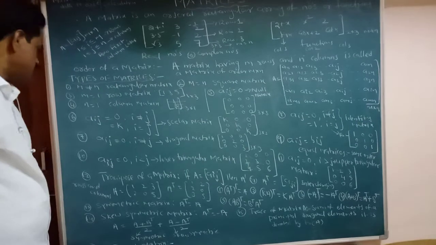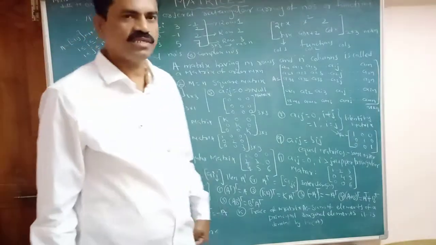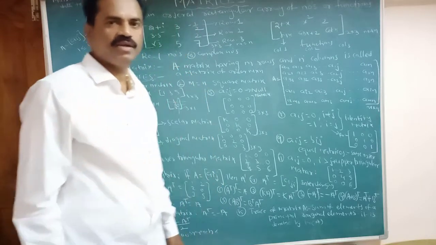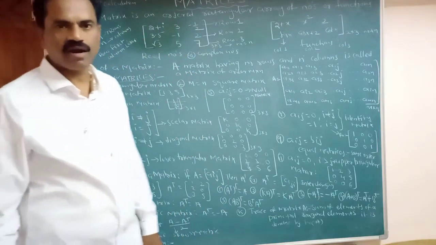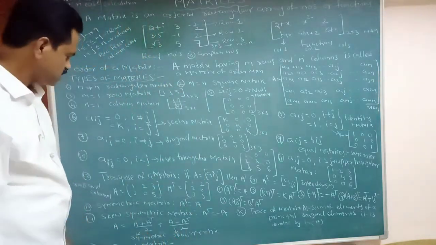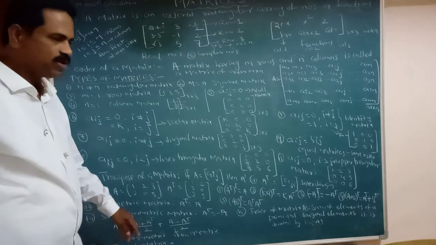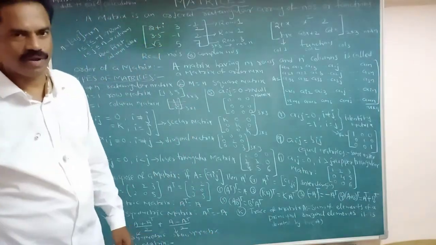Here next one, symmetric matrix. A transpose equal to A, then it is called symmetric matrix. And skew symmetric matrix is A transpose equal to minus A. Here A equal to (A plus A transpose) by 2 plus (A minus A transpose) by 2.